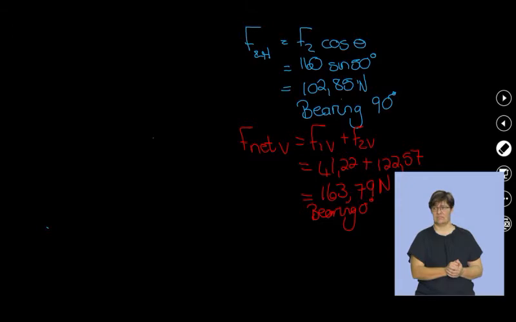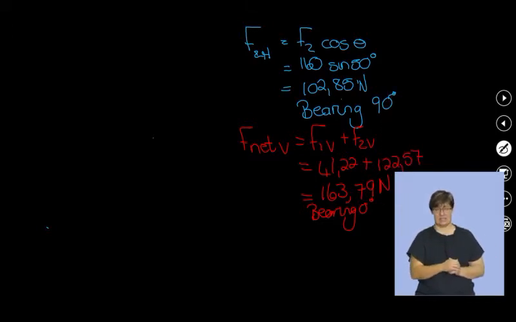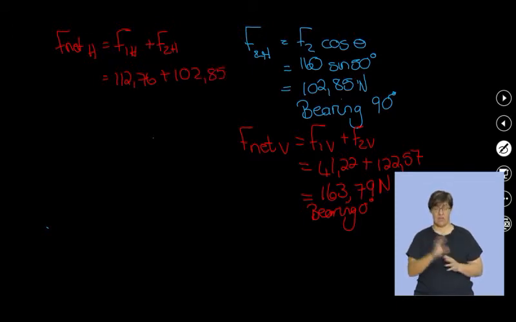So, net horizontal, which means I'm going to add the first horizontal with the second horizontal. The first horizontal we worked out to be 112.76. The second one is 102.85. We're going to add these together.